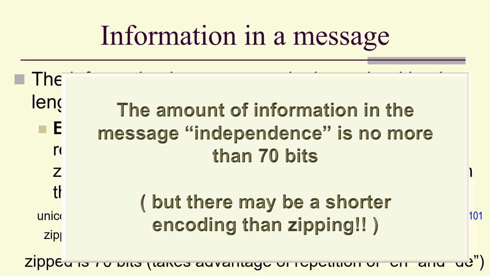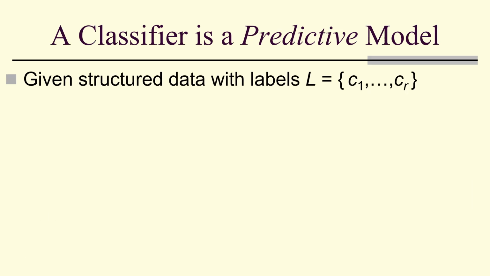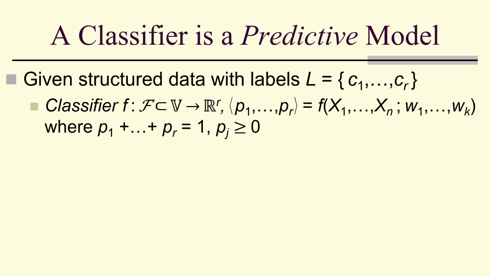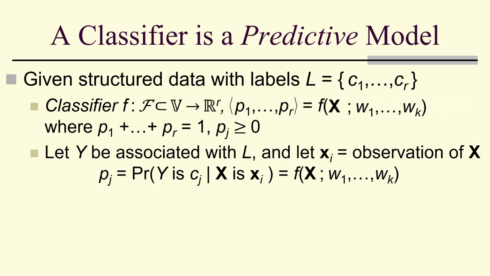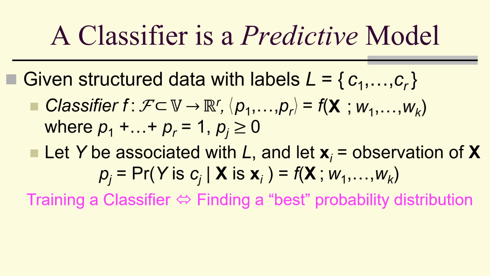So returning to classifiers as predictive models, we have now our function is giving us a response that's a probability distribution. And notice we'll often use vector notation. So if y is associated with L and x of I is an observation of x, then each one of these probabilities is the probability that y is the label c sub j, given that capital X is little x sub I, which is f of x sub I with those parameters. Training a classifier means finding a best probability distribution.